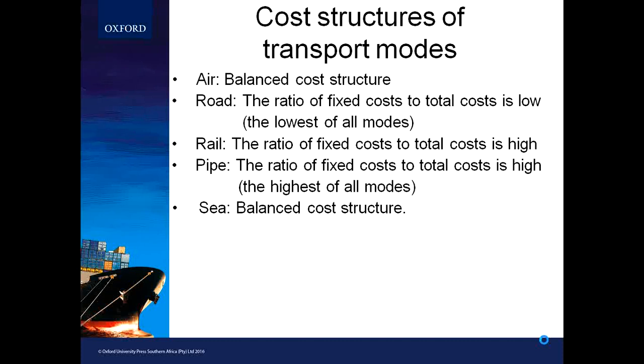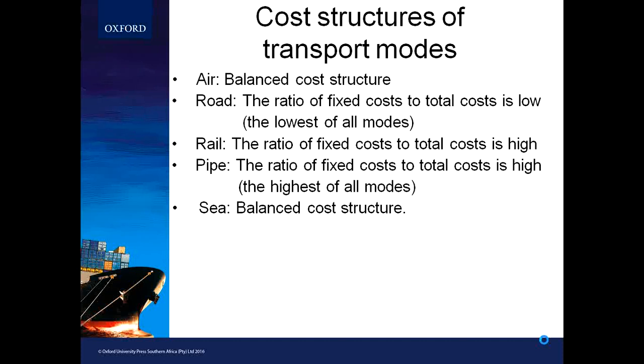Cost structures for transport modes: air, road, rail, pipe and sea, that is what we are more interested in for a particular supply chain or logistics of what we are talking about. So air transport cost structure is characterized by fairly balanced proportions of fixed and variable cost with freight-only services, that is a balanced cost structure.